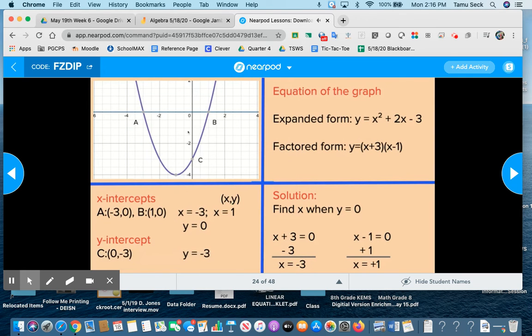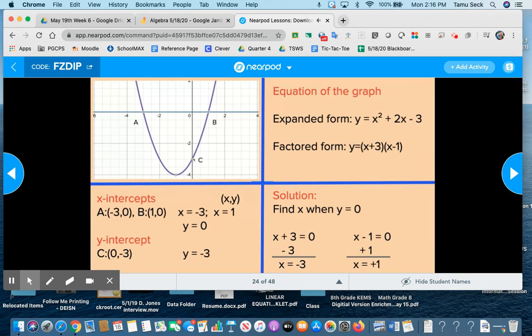So let's look at the actual equation. The equation is y is equal to x squared plus 2x minus 3. And this equation is actually in y-intercept or slope-intercept form. And since it is in slope-intercept form, the -3 is actually the y-intercept.